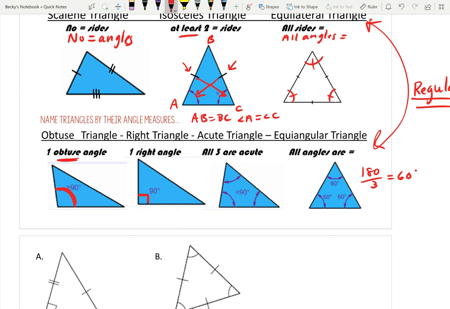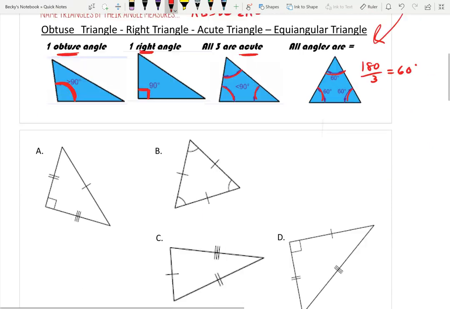If you have an angle equal to 90, it's a right triangle, and again, you can't have two right angles. If all are acute, then it's an acute triangle. Technically, like this one here, it's acute, but it's also equiangular since they're all the same.